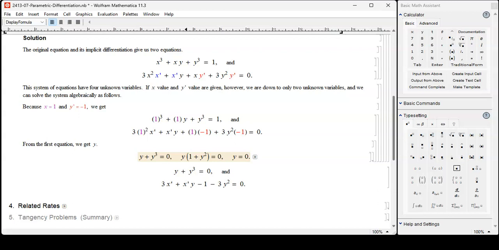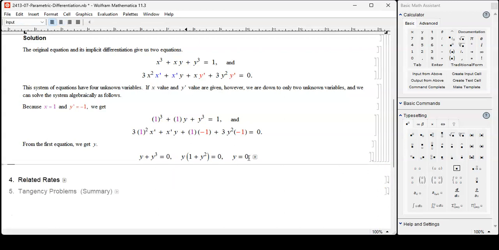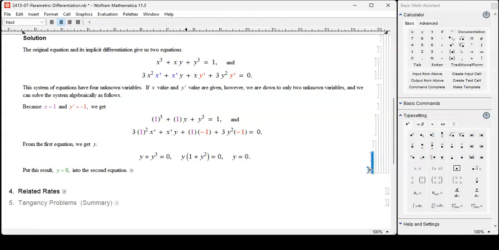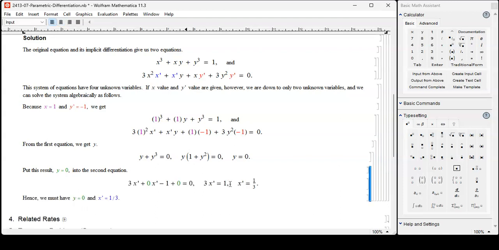You see, if a times b is 0, then one of them has to be 0. But 1 plus y squared is never 0, it's strictly positive. So y has to be 0. Now, plug this into the other equation, and you're going to get the solution. The other equation becomes this, and then you get x prime equals 1/3. Please check.